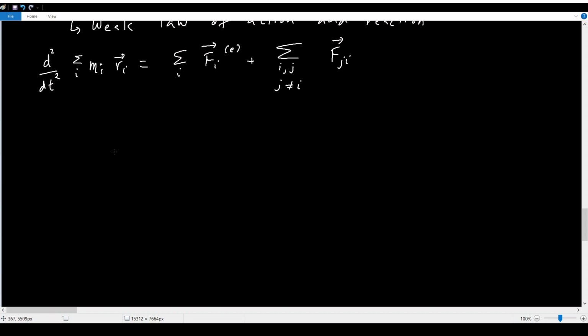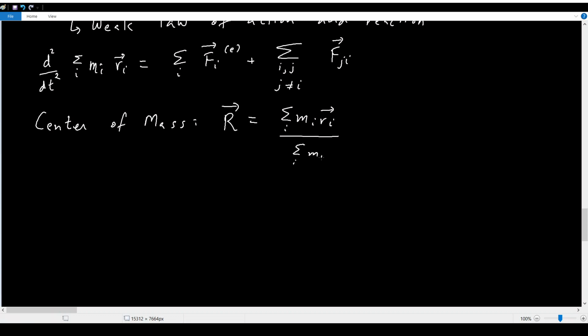And what we're going to do right now is define a quantity that will become quite useful in considering systems of particles. That quantity is called the center of mass. The center of mass, denoted capital R, is defined as the sum of m_i r_i divided by the sum of m_i. So this is essentially a weighted average of the positions, weighted by the masses of the particles.